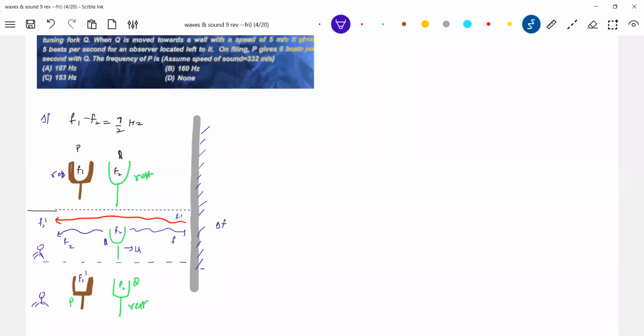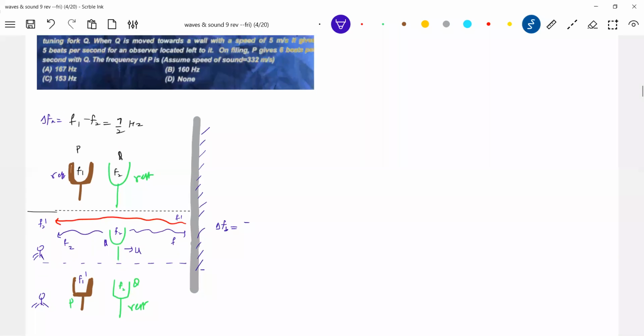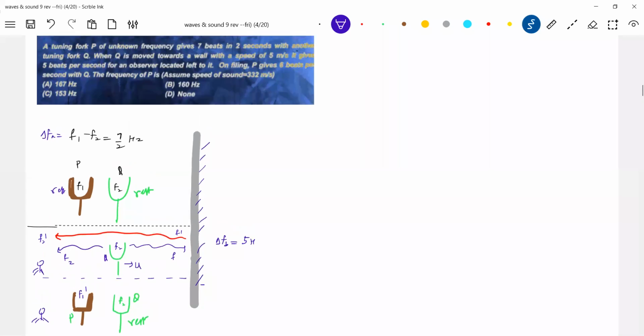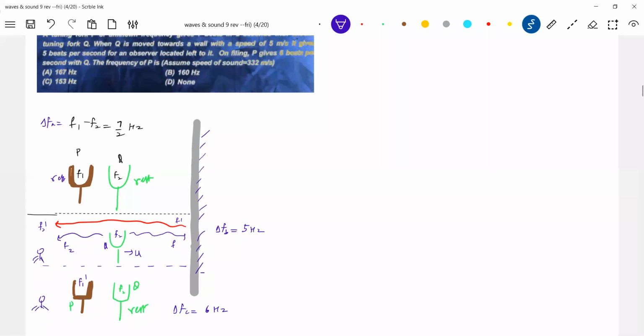Delta FA, I'll write it, situation, delta FB. This is 5. The third situation gives 6. So what is this? This should be either, we don't know.